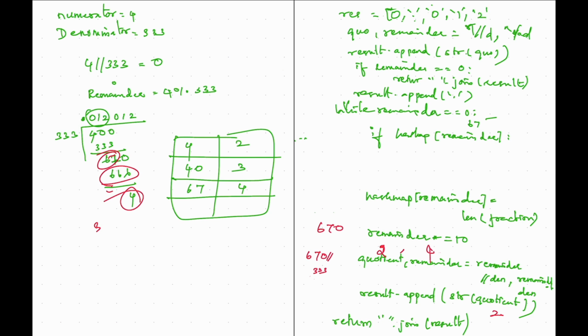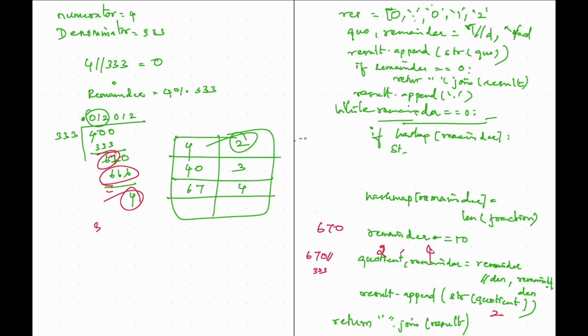The quotient will get updated. Now it will check whether the remainder is 0. No. And the hash map of remainder already has it. Till here, again 4 comes. Okay. So which means it's repeating again. So now what we will be doing is taking the starting position of this.